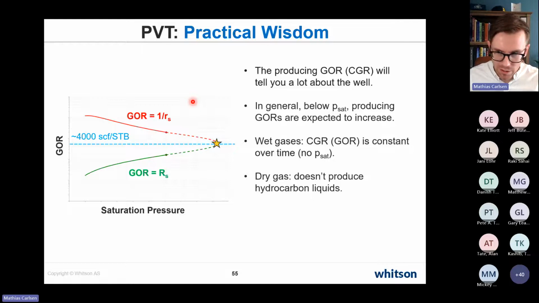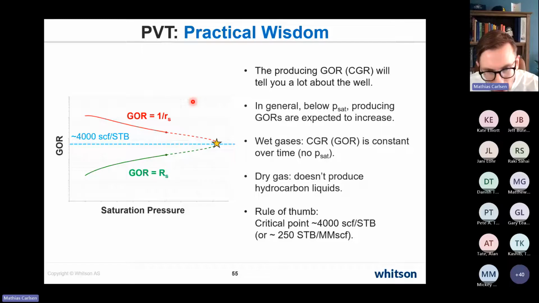So that's basic. But then I would like you to remember this one. This is a very, very nice rule of thumb that I've seen hold in any unconventional basin. Maybe it's up or down a few hundred scf per barrel depending on the basin, but the critical point is typically around 4,000 scf per barrel or 250 barrels per million.